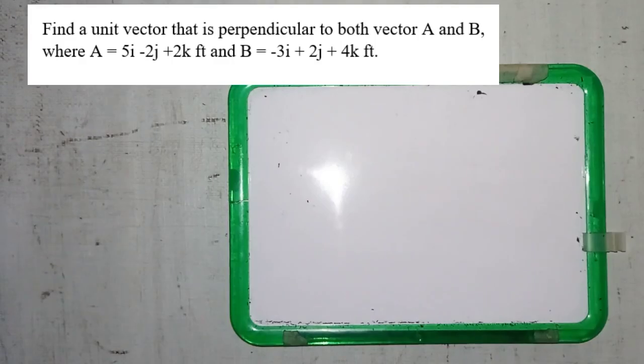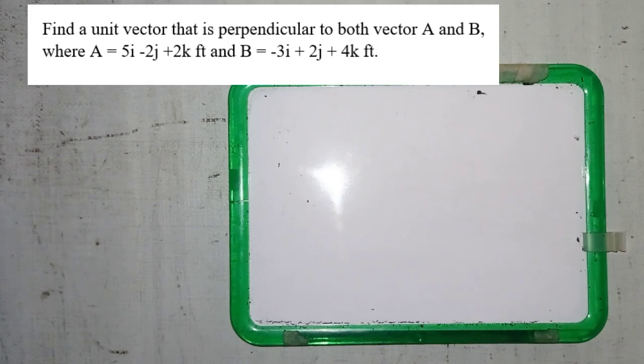Thank you. So for our last problem, we need to find a unit vector that is perpendicular to both vector A and B, where A is equal to 5i hat minus 2j hat plus 2k hat feet, and B is equal to negative 3i hat plus 2j hat and 4k hat feet.